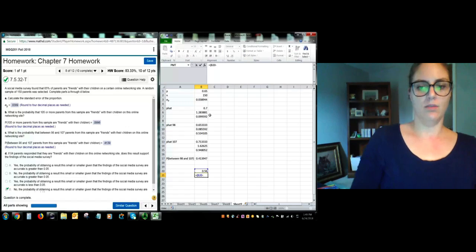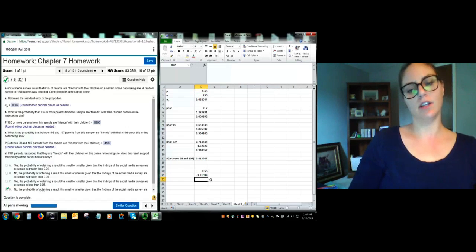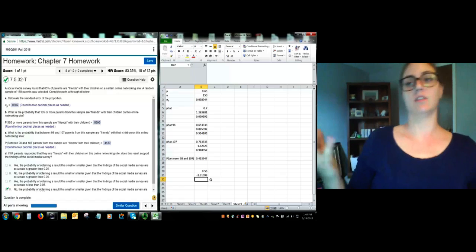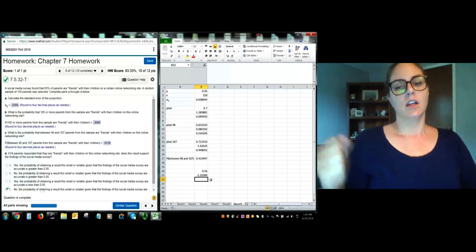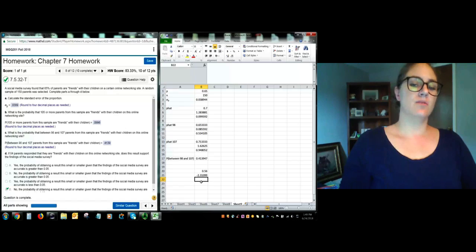So if we state that 0.65 is actual truth, the probability of 0.56 falling within that essentially confidence interval, and we'll talk a little bit about that in chapter 8, this 0.56 is associated with a z-score of about negative 2.311.